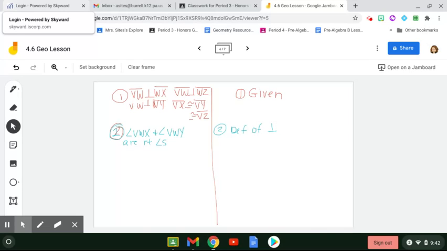And so by definition, I can also jump in and say the triangle VWX and triangle VWY are right triangles. And I can say definition of a right triangle.